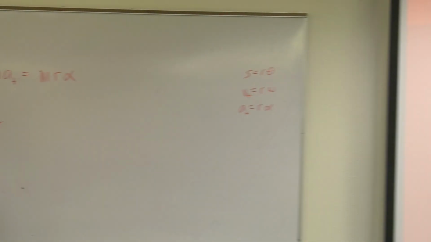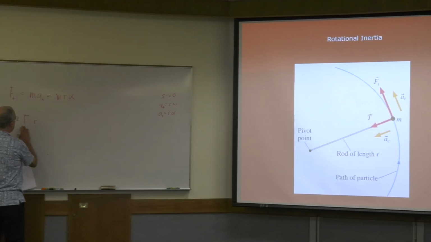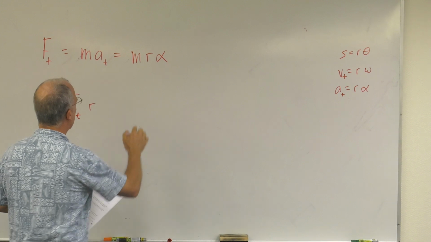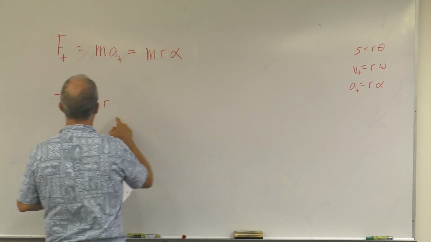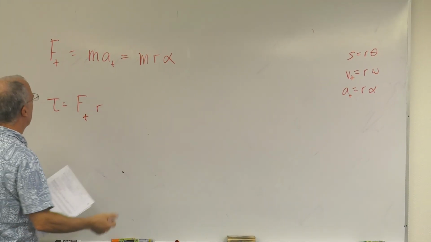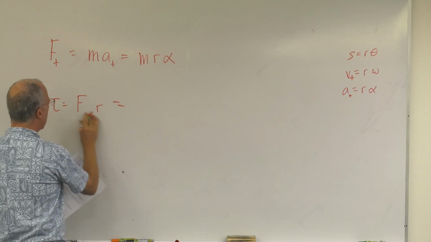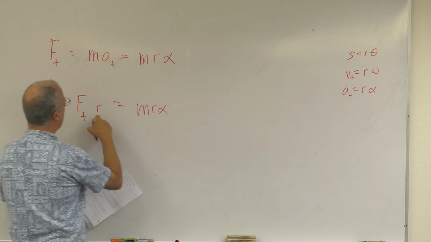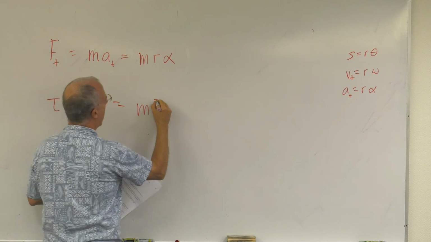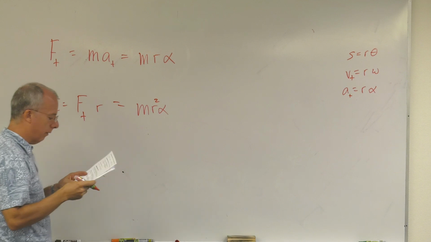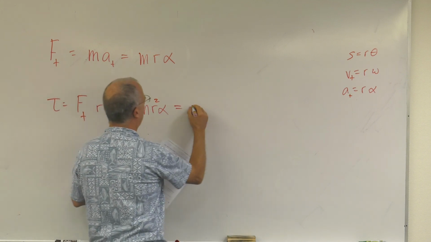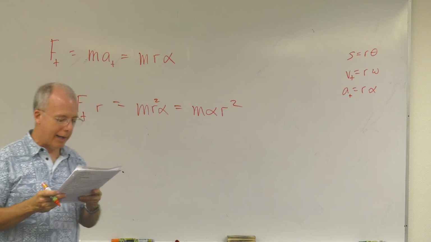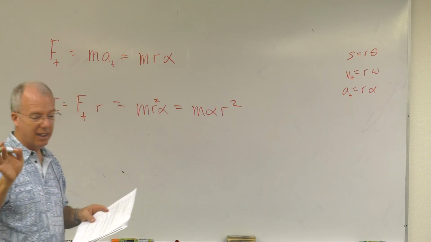It's just Ft. Now let's substitute. So Ft is m r alpha. Then we have another r, so we have m r squared alpha. Or m alpha r squared, write it however you want. We're going to use that. That's why we're doing this.